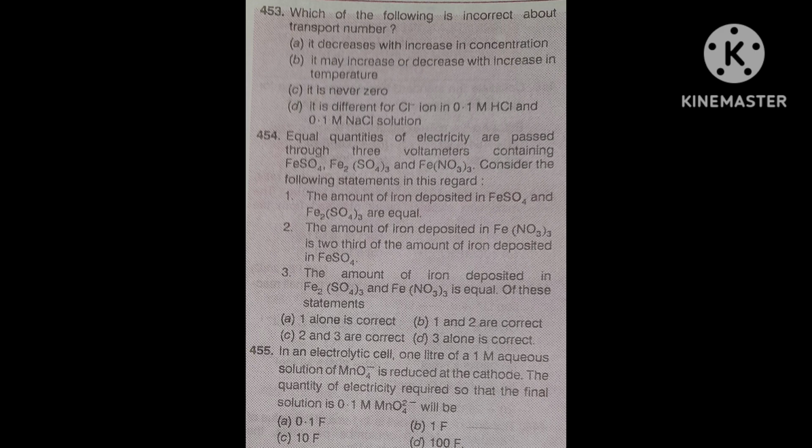In this reaction, because it is the silver ion, only one electron is involved. Then to apply the Nernst equation: 0.0591 divided by n, log of Ag plus times Cl minus divided by AgCl, that is, molar concentration of products divided by molar concentration of reactant.